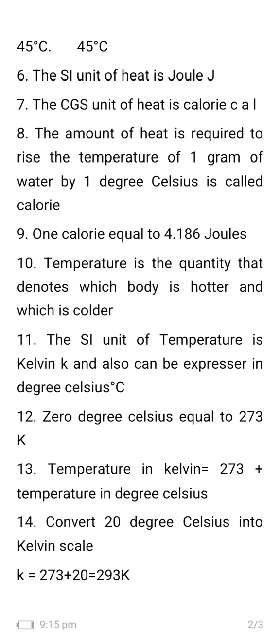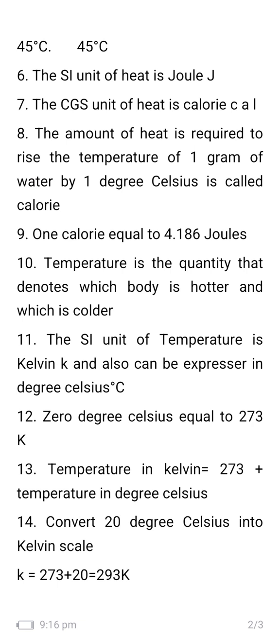How much heat is required? 1 degree Celsius. That amount of heat required to raise the temperature of 1 gram of water is called a calorie. 1 calorie equals 4.186 joules, which is also very important. 1 calorie equals 4.186 joules.